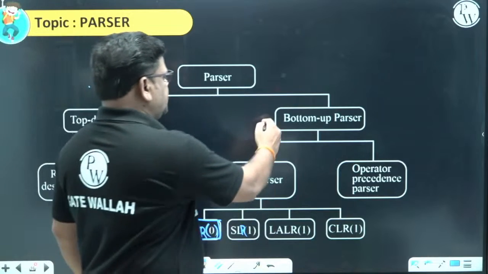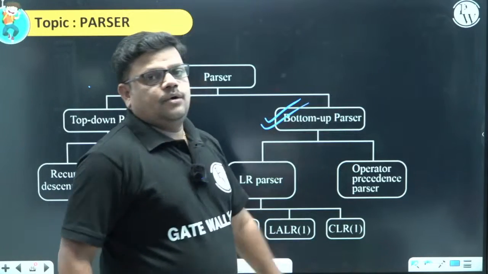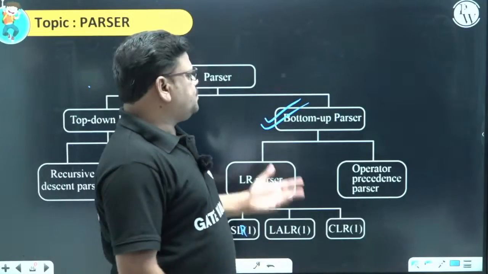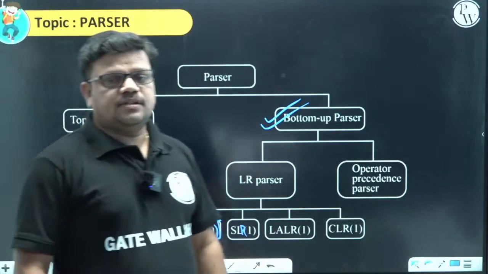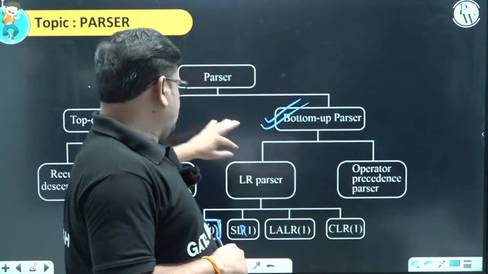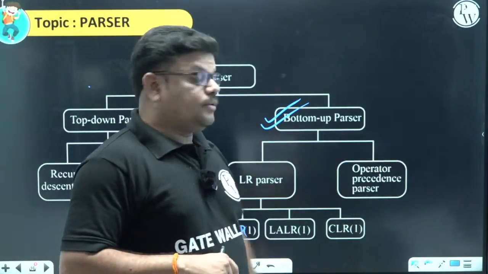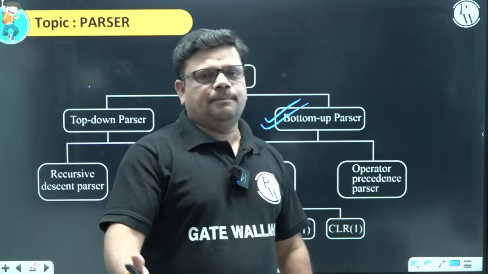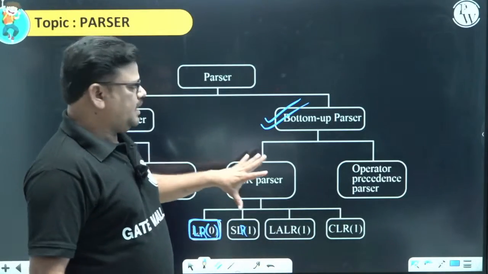We are in the bottom up parsing side. We are designing a bottom up parser. Bottom-up parser is the most powerful parser among all the parsers. So out of top down and bottom up, this is a powerful one. In that, LR is the best one and practically used by many compilers. Most of the compilers use LR parsers.